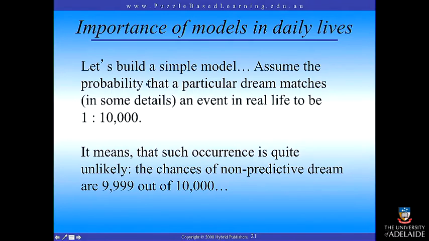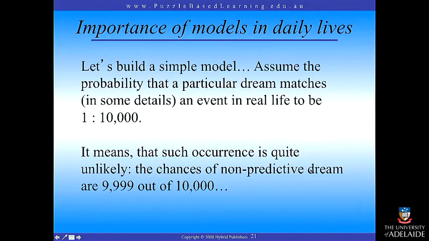There's not zero probability of anything happening. So there's a probability that someone will have a dream that will come true. Assume the probability that a particular dream will match an event in real life is 1 in 10,000. But it could be 1 in 100,000, 1 in 1 million. It doesn't really matter. Just give a very, very small probability. So such an occurrence is quite unlikely.